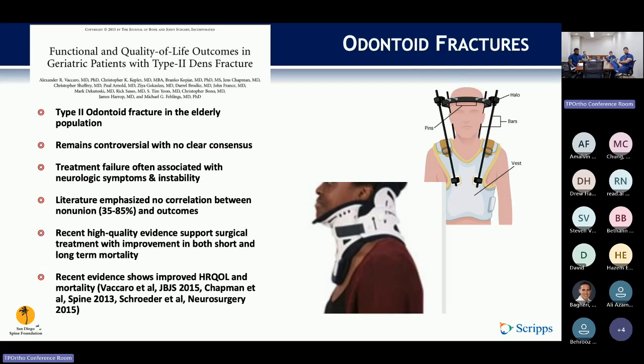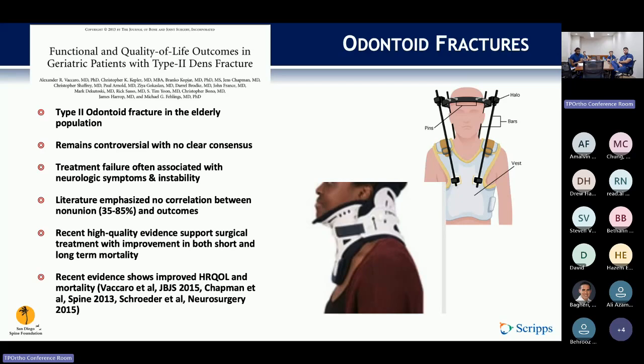With type 2 odontoid fractures, there are non-union rates as high as 85%, and this has to do with the watershed area that's there. And some of the risk factors for non-union that are worth knowing are posterior displacement, smoking history, significant angulation, but importantly, there are several reports that show no correlation between non-union and outcomes.